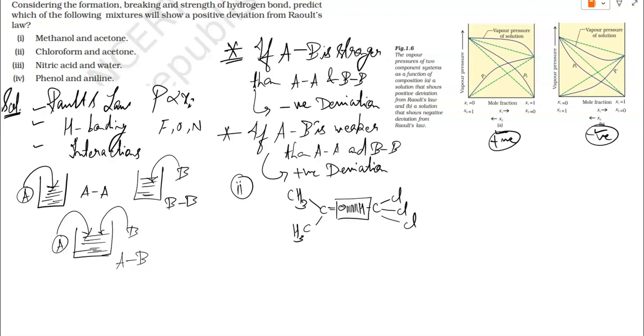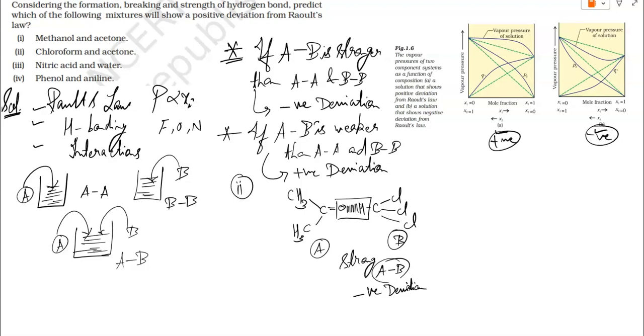Suppose this is the A kind of molecule and this is the B, so there will be a strong interaction between AB. If there is a strong interaction between AB, it means that it will be negative deviation from Raoult's law.